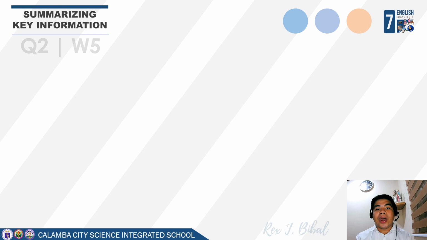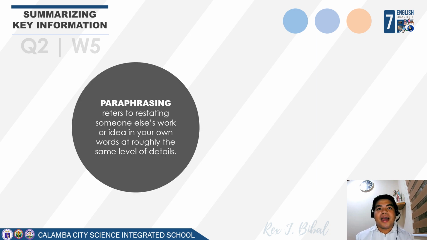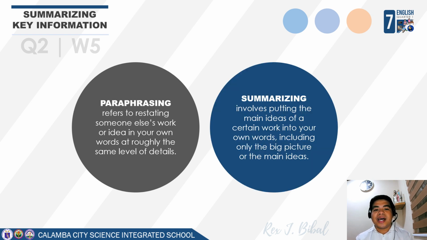Now, let us try to differentiate the two writing concepts. Paraphrasing refers to restating someone else's work or idea in your own words at roughly the same level of details, while summarizing involves putting the main ideas of a certain work into your own words, including only the big picture or the main ideas.